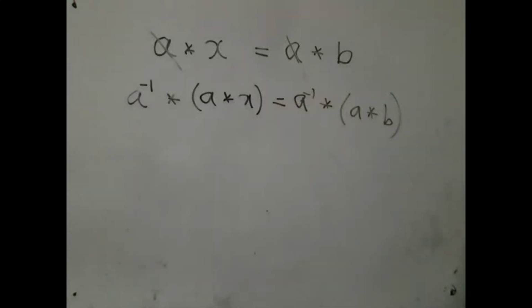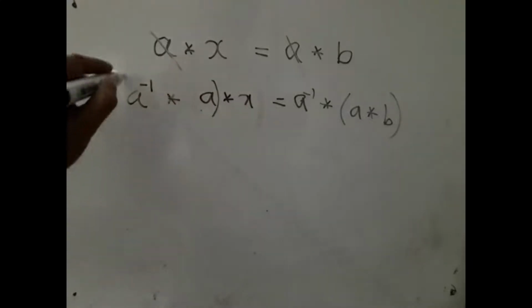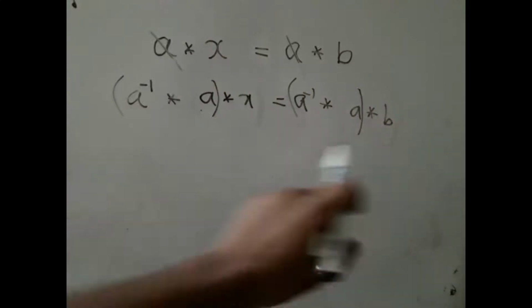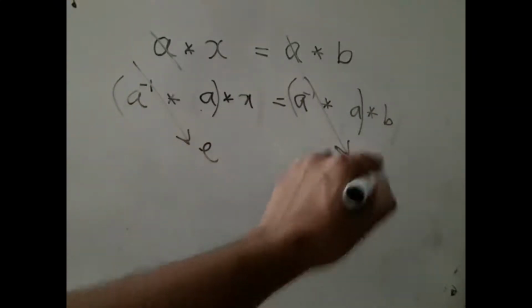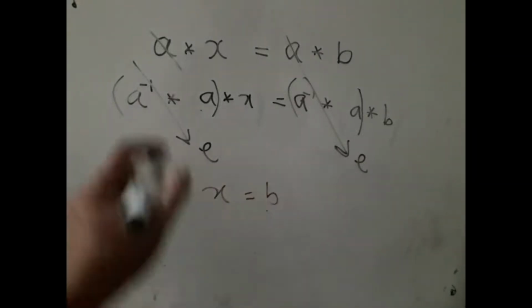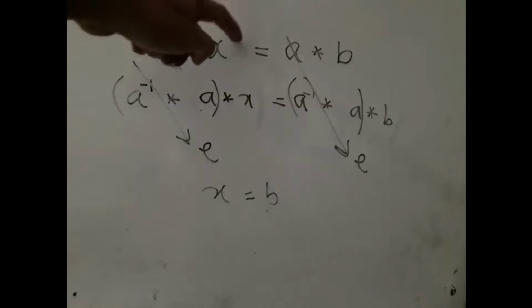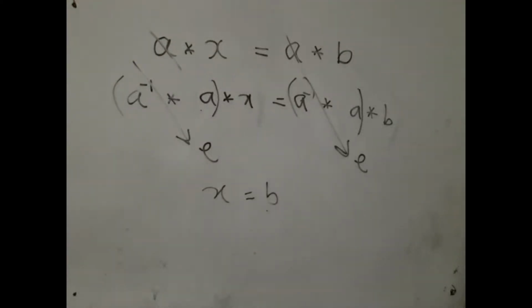Again I use associativity to change this parenthesization. So I get this. This is nothing but identity, and so is this. So I am left with x is equal to b. That is, indeed, I can cancel a. Now similarly, if the a were on the right hand side here in both the cases, still I can do a similar cancellation.